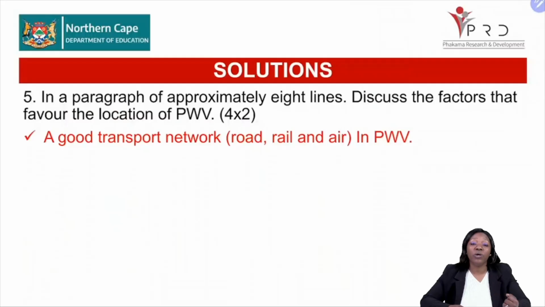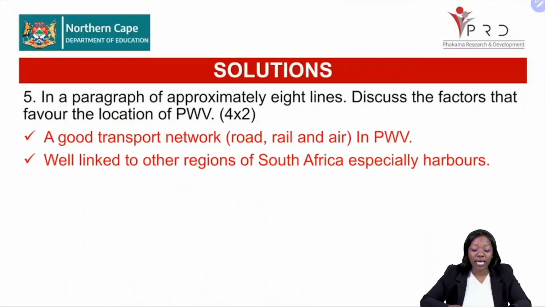Number 1, we're looking at the good transport network. Remember, after discovering those minerals and after manufacturing or processing them into a final product, they're supposed to be transported. So with PWV having a good transport network, it becomes a favoring factor. Then we're looking at being well linked with other regions when it comes to international transportation.